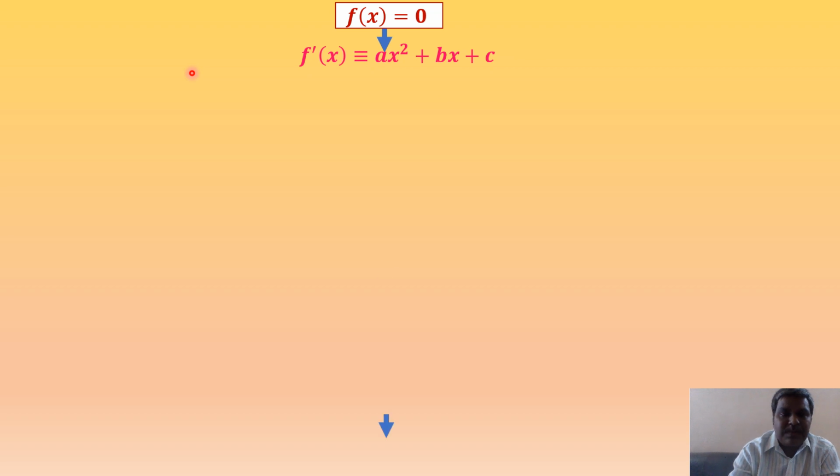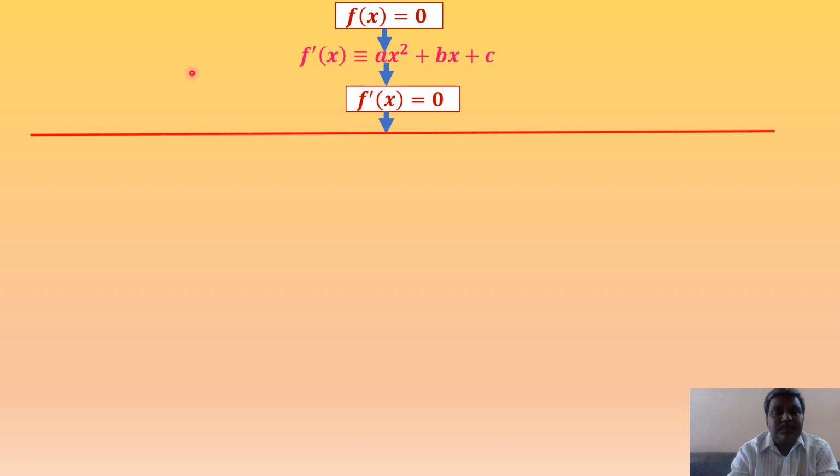So we make f dash x equal to 0 to get the local maximum or local minimum points. So f dash x equal to 0 has roots. They may be real and distinct, or real and equal, or imaginary. So there are two types. One type is roots are imaginary, the other type is roots are real.